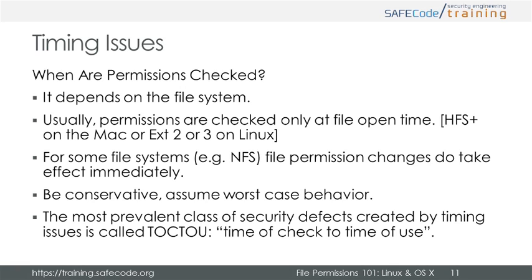For network file systems such as NFS, this may be different. This can lead to very subtle bugs called TOCTOU, or time of check to time of use. Make sure your program's behavior is consistent and secure across all file systems, assuming worst-case behavior and making sure your program works in either situation.